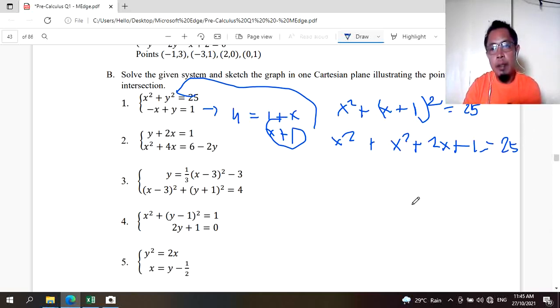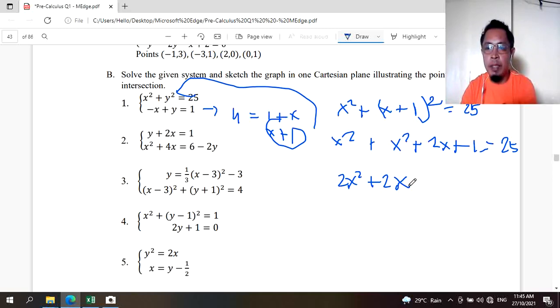Then we have x squared and x squared, that is 2x squared, plus 2x. Then you have positive 1 and positive 25 on the other side. When we transpose 25, that becomes negative.